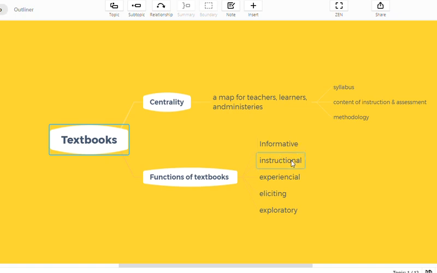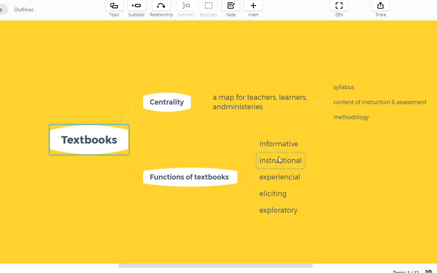Then instruction. The instructional function, the quality of the textbook, actually helps teachers to give their students some practices and exercises of the things they have studied in the informative task of textbooks.